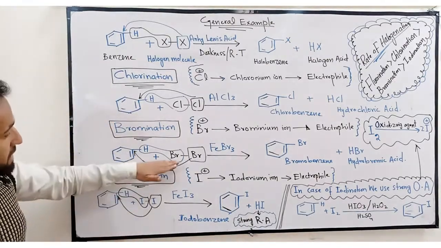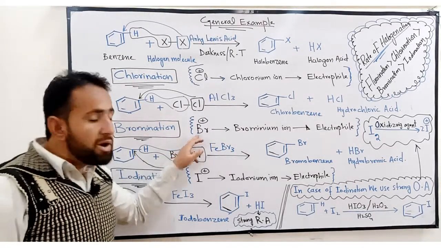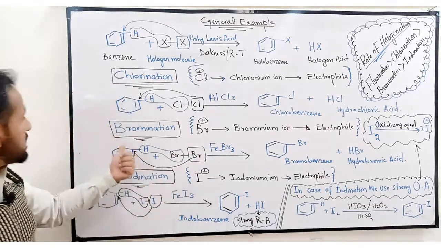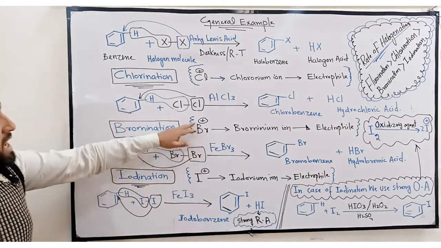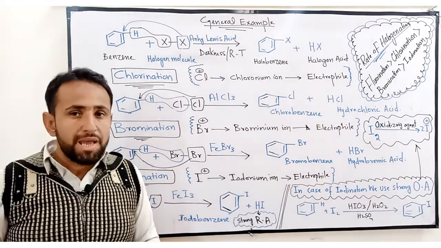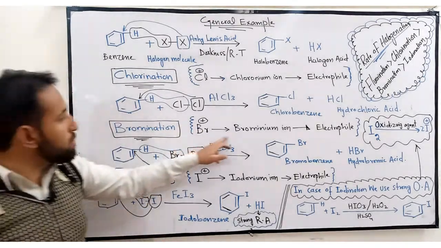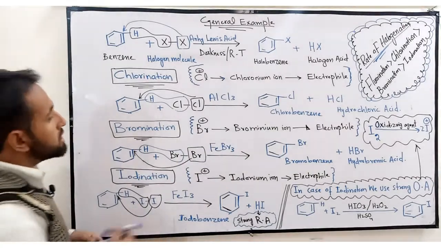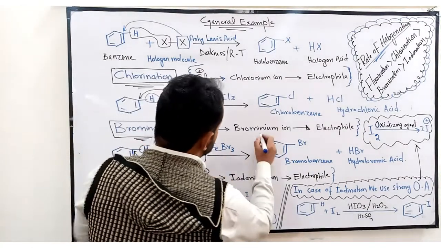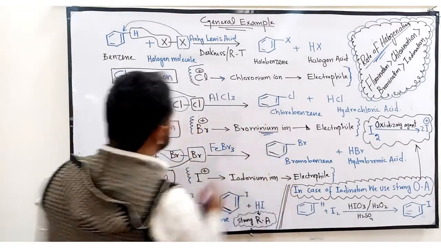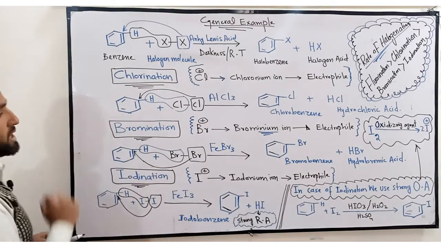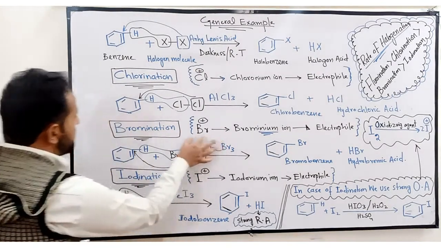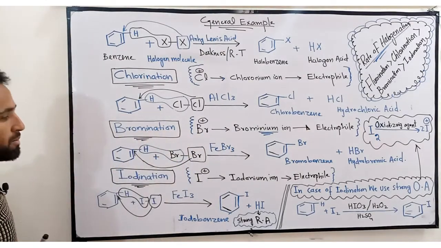Especially not a bromine atom, but the bromonium ion will replace this hydrogen atom. Here again a positive charge comes on bromine, which is why it is known as the bromonium ion. As I told you, that name is always used for a positive charge. This is our electrophile in the case of bromination.